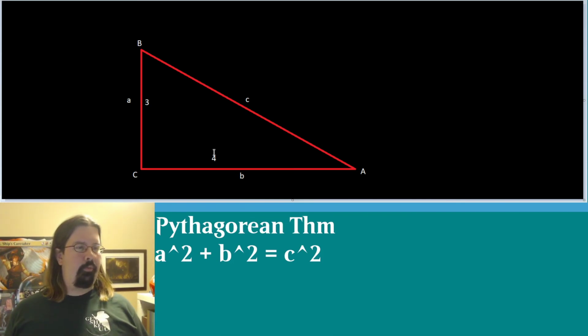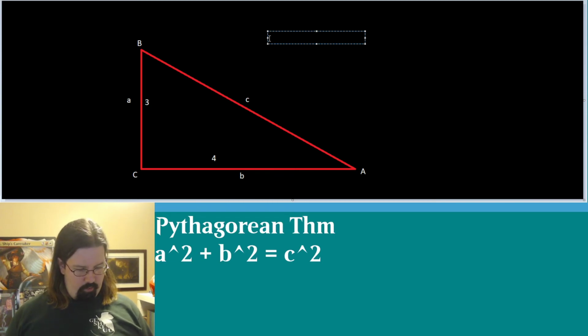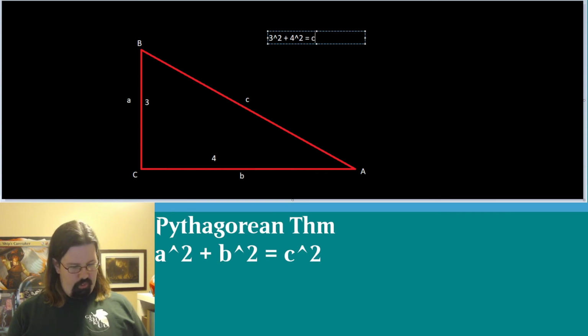So, we have this length of 4, this length of 3. We need to find this length here, C. Okay? So, we would literally plug these into our Pythagorean theorem. So, that will give us 3 squared plus 4 squared equals C squared.